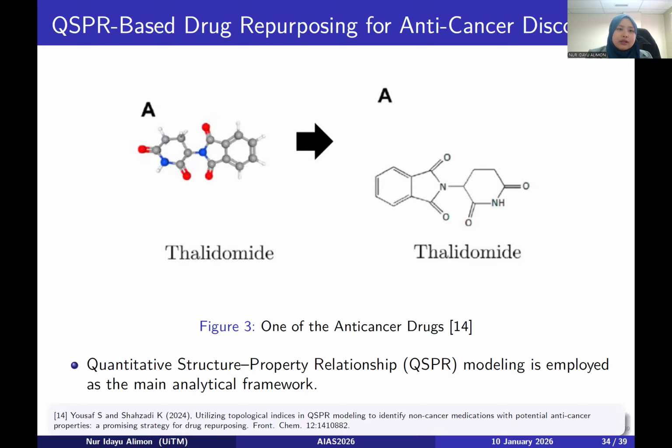Okay, so this is just an example of one of the applications, QSPR-based drug repurposing for anti-cancer discovery. We have this anti-cancer drug, and then we convert it into this molecular structure, so that we can come up with the graph. So we know how many edges and how many vertices we have, and then we can compute the topological indices.